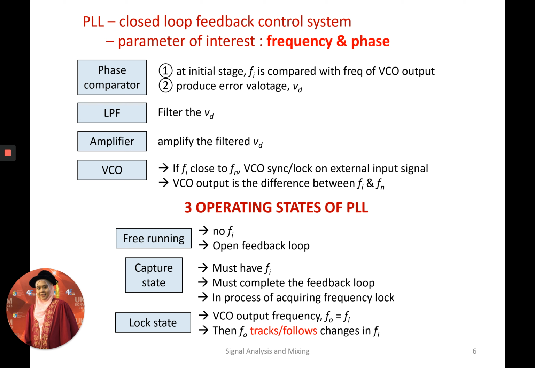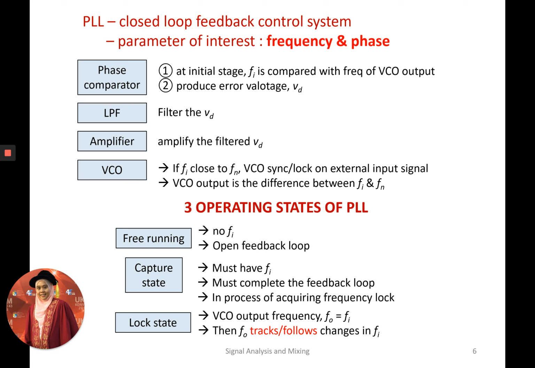The PLL is actually a closed loop feedback control system with the parameters of interest being the frequency and also the phase of the signal. It has four components, as I mentioned earlier: phase comparator, low pass filter, amplifier, and VCO.